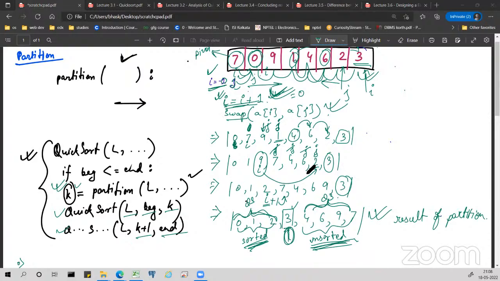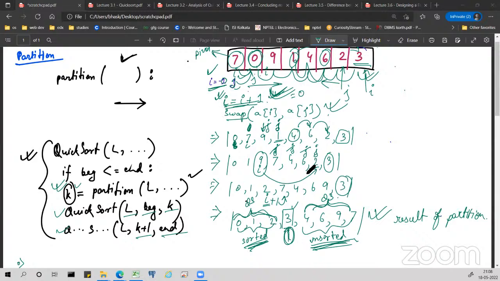The problem is, if you start from 0 as the element where both lower and upper, or I or J, point to 0 itself, when I consider 7 as the pivot, so when you do the swap, you compare 0 and 7, you see 0 is lesser than 7. Correct? So what you would do? You would do I plus 1 and then do the swap, correct? So where would I plus 1 take I?